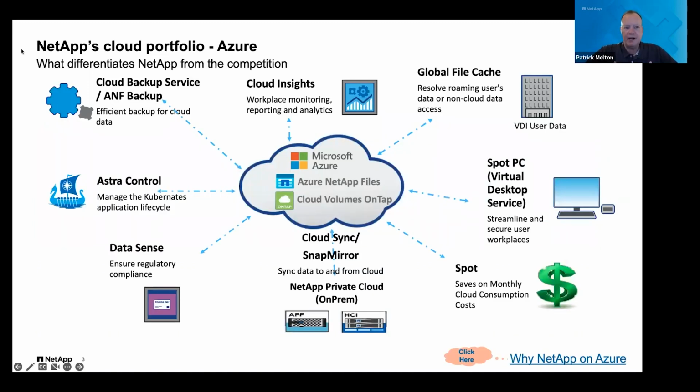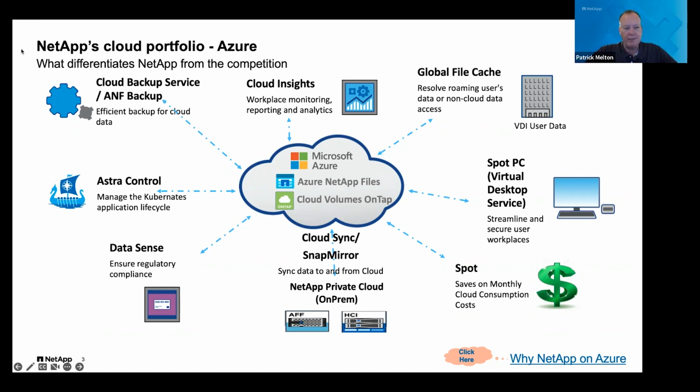So, NetApp's cloud portfolio in Azure. What differentiates us from the competition? Well, we've got Cloud Insights. That ties into our offerings of Azure NetApp Files and Cloud Volumes on Tap. Those are our two main offerings of storage platforms in Azure. Azure NetApp Files is a PaaS offering.